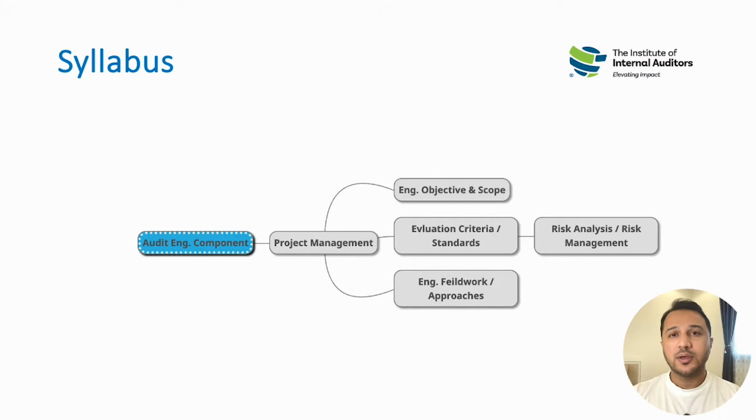We have to assess the activities we will be performing, the objective of the engagement, the scope of the engagement, the resources required, and how we will conclude the audit engagement. Project management skills are relatively more subjective, and they can be applied in all engagements, which we will be discussing in the last section of this unit.